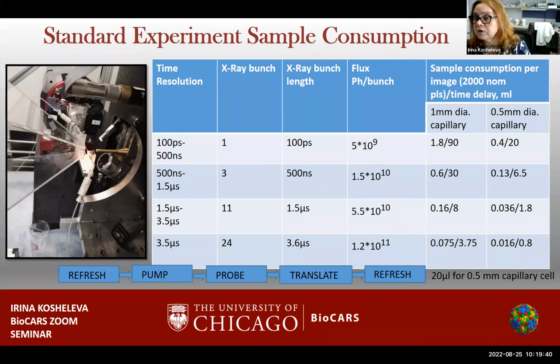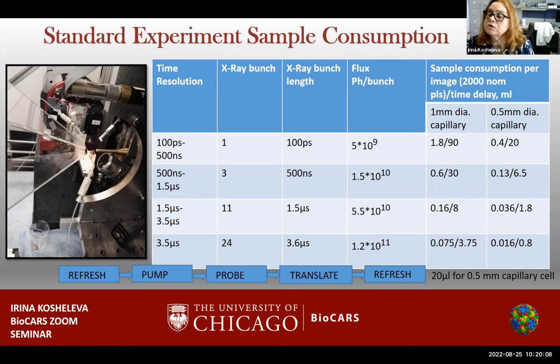If we pump appropriately more sample, it mitigates this drag effect and poor sample replacement at the capillary wall. A 1 millimeter capillary diameter, I don't remember when we last used that. We normally use a 0.5 diameter capillary or a 0.7 millimeter capillary.